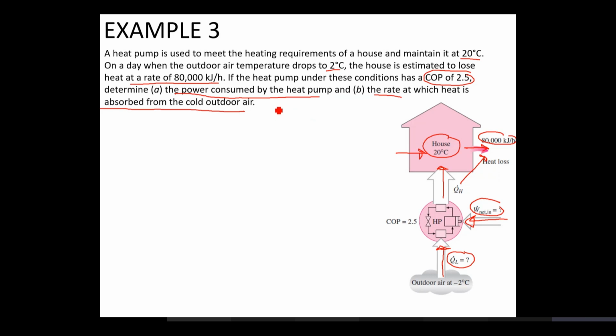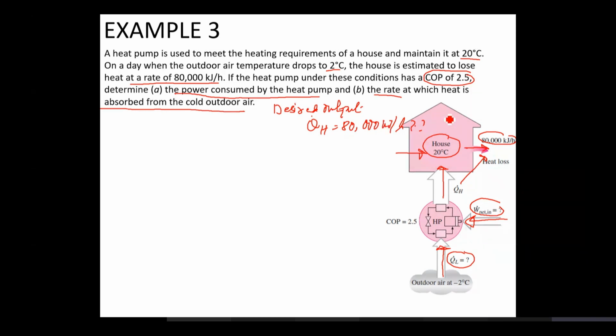Why is it that you have taken the desired output, which is Q_H, as 80,000 kilojoules per hour? Why so?